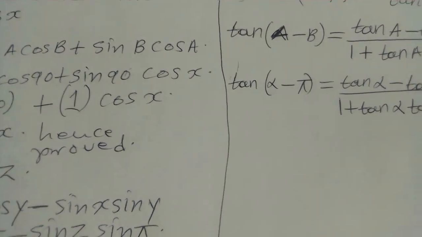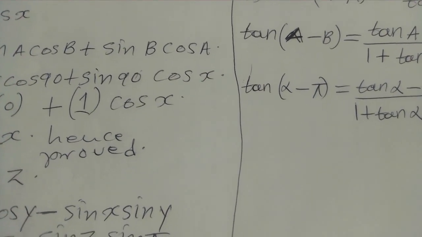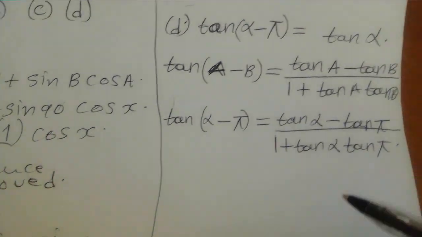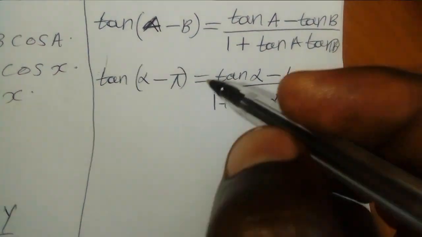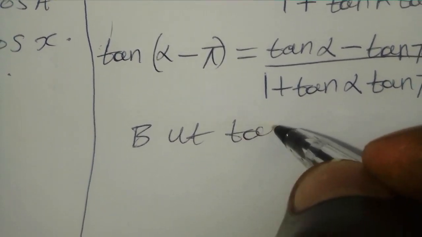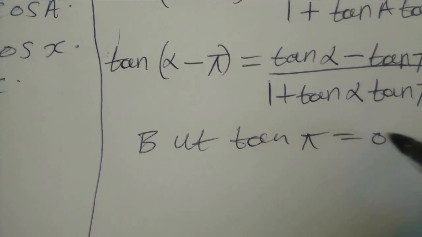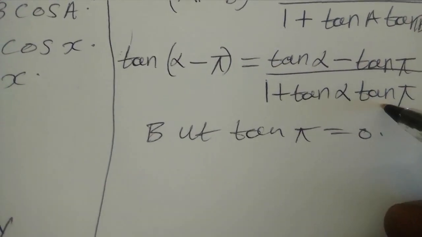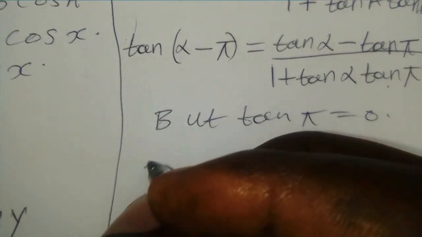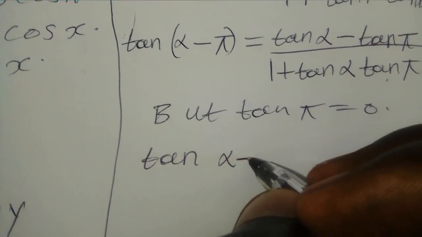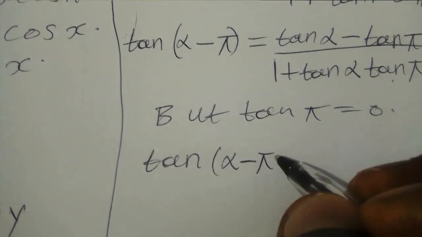So tan pi is just the same as tan 180, which we all know is equal to 0. So you can also tell them to say tan pi is equal to 0. Anyway, let me just write it for the sake of other people's understanding.